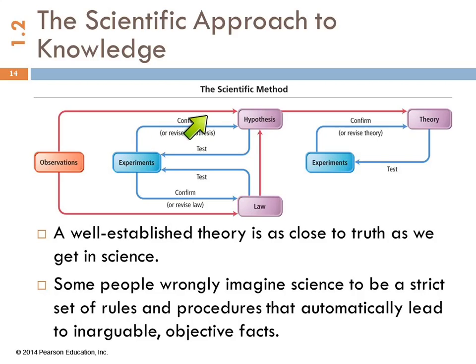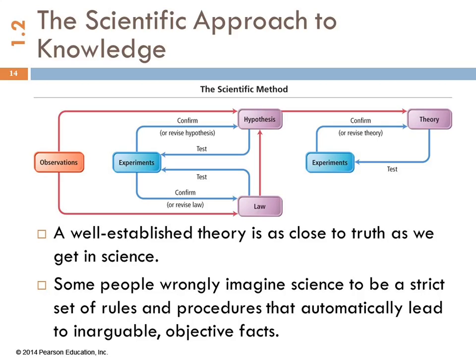So if it confirms the hypothesis, great. If it says, no, that hypothesis was wrong, then we're either going to throw the hypothesis out or alter it. Laws also get tested. They get tested through experiment, and we confirm or revise the laws. And good hypotheses lead to theories, and those are also tested.